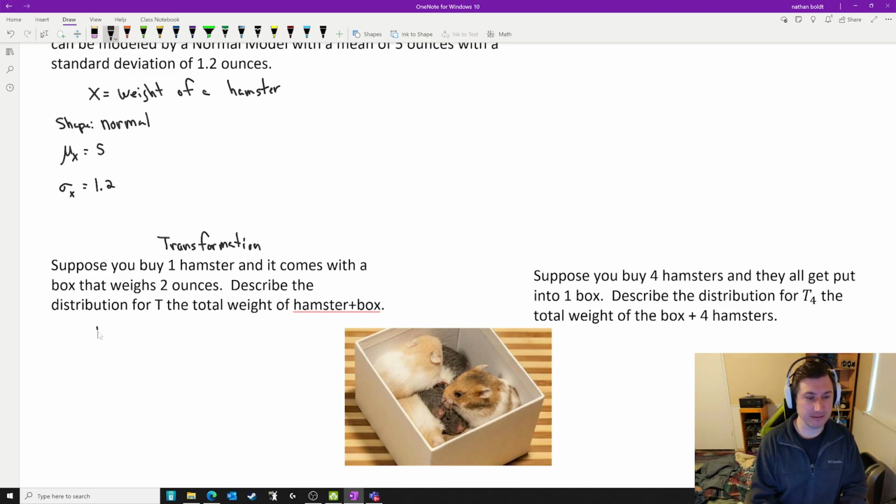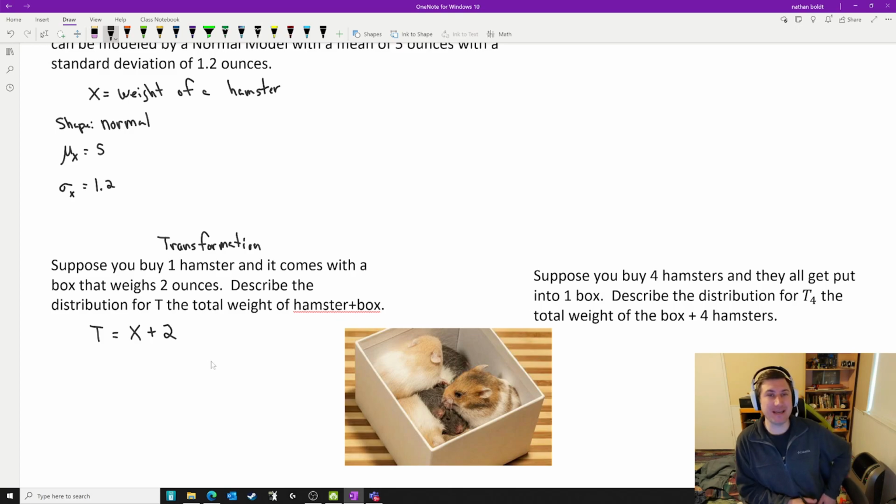So t, my random variable t now, is equal to 1 hamster plus the 2 ounces of the box. And the box is always going to be 2 ounces, so it's a constant. It'll be x plus 2. All right, so what does that change?